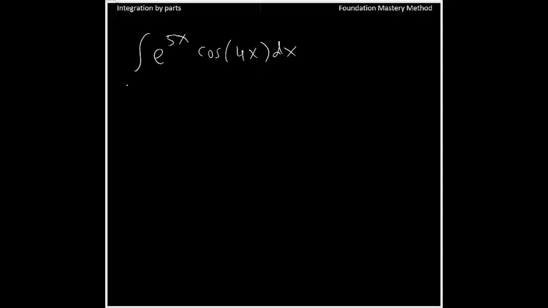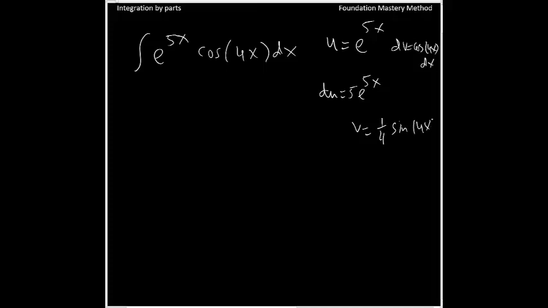So what do you do? First you say u equals, say, e to the 5x and dv equals cosine 4x dx. So then du will be 5 e to the 5x, you know that, and your v will be 1 over 4 sine 4x.